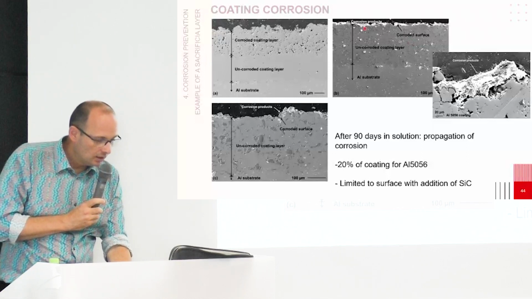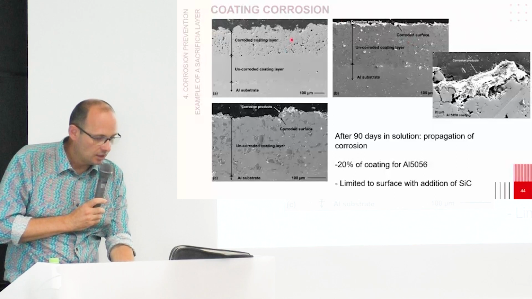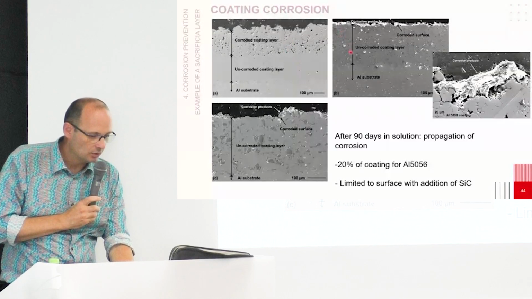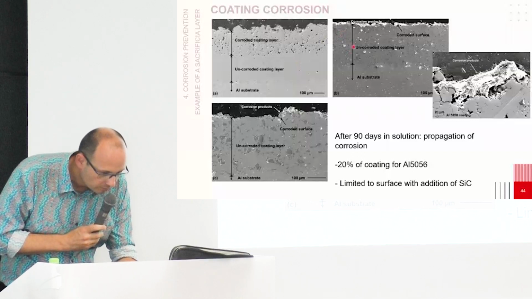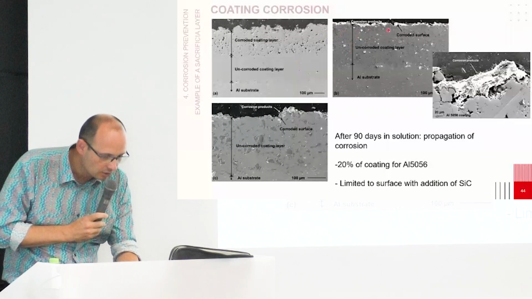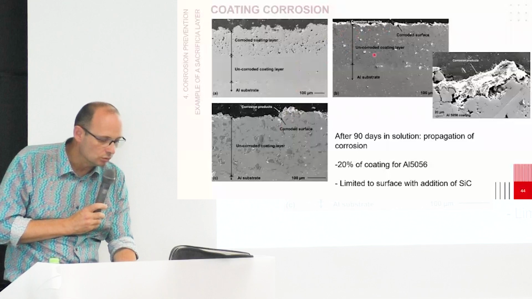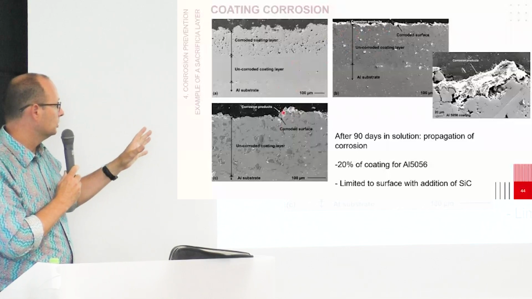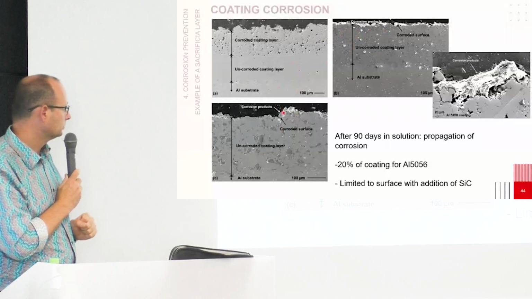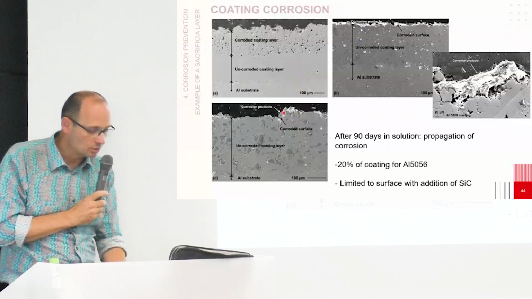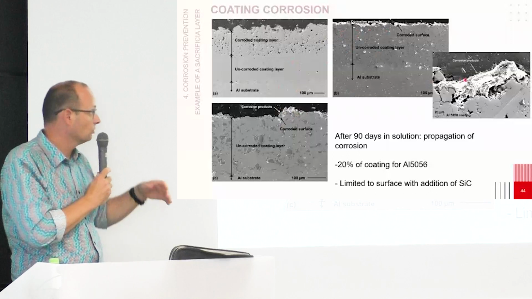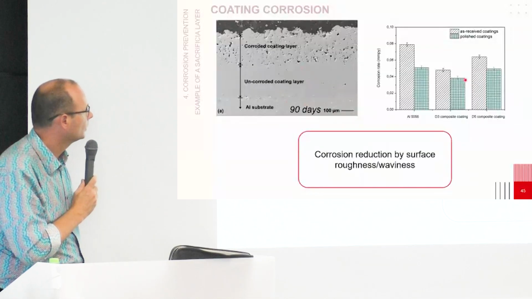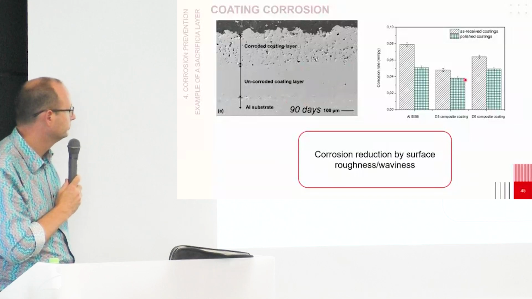So here you have the corroded layer, the uncorroded layer, and you can see that the thickness of the corroded layer changes according to the composition of the material. There is also some corrosion product that appears on the surface.